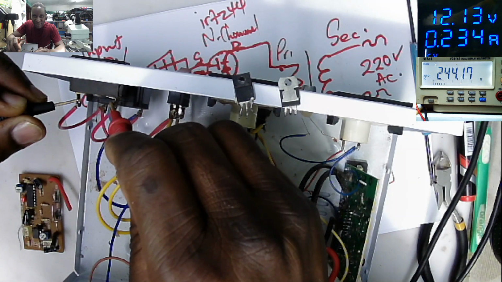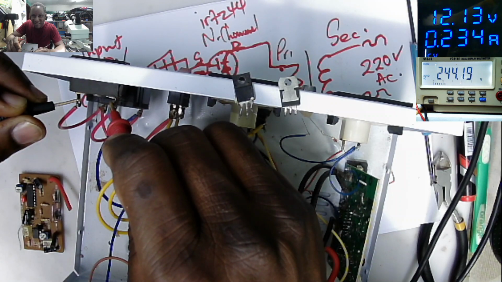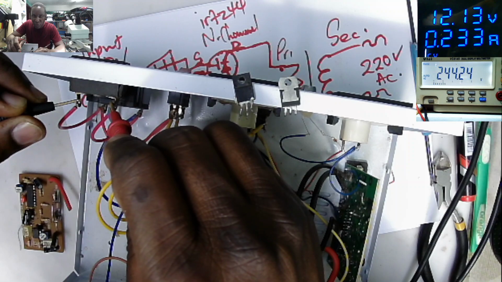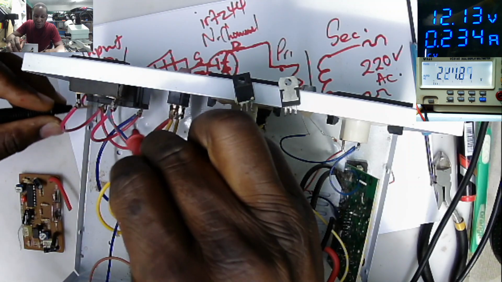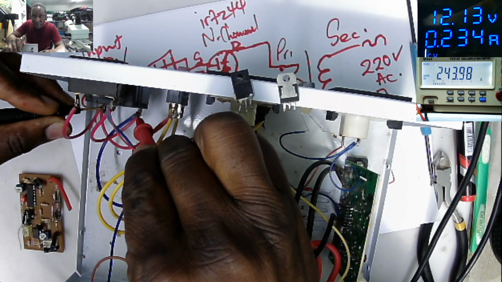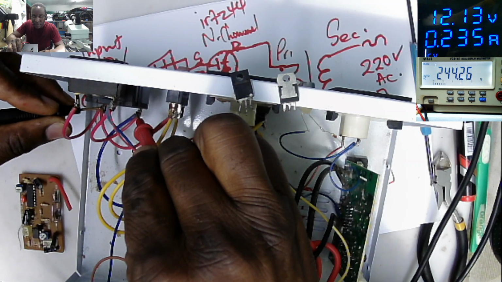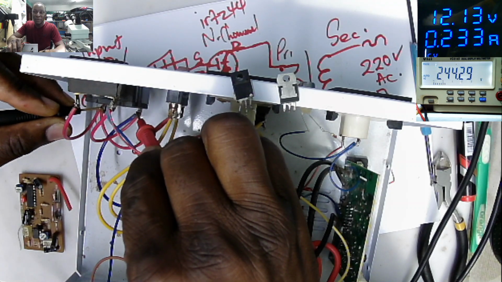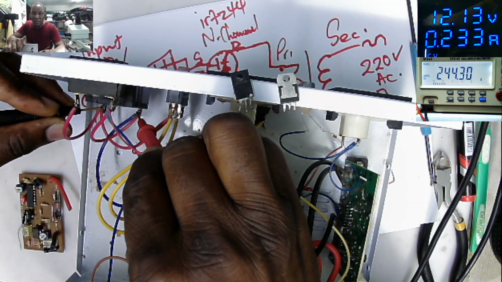You see, it's working. Fan is spinning at full speed, and we now have output. Okay, so even here it's working. So you see, 244 volts AC.